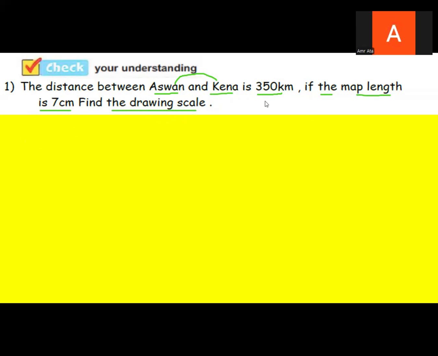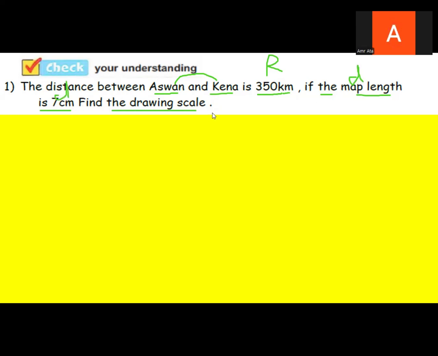He gives me the distance between Aswan and Qina, 350 kilometers, so it's the real distance. And in the map, meaning drawing, it is 7 centimeter.